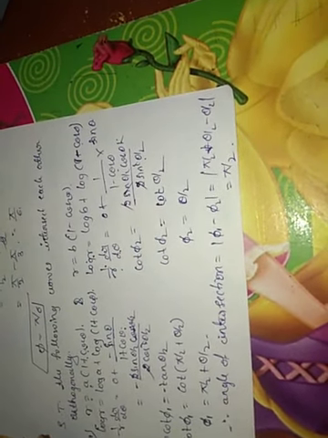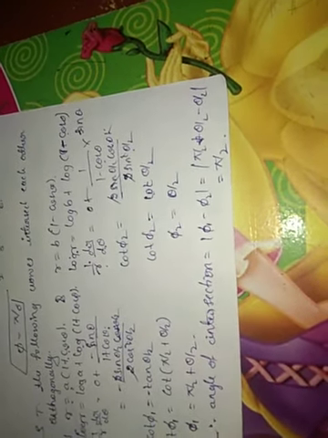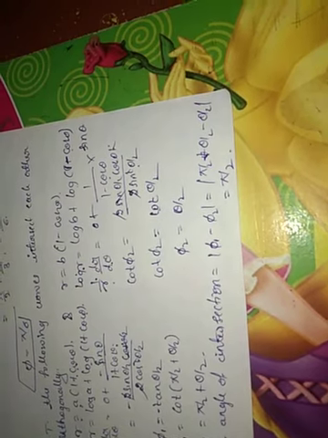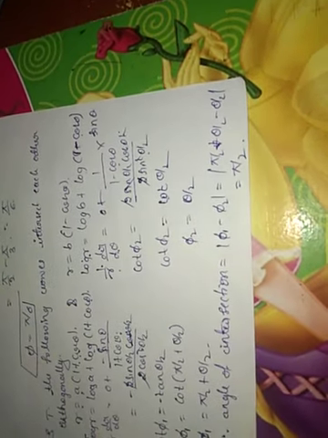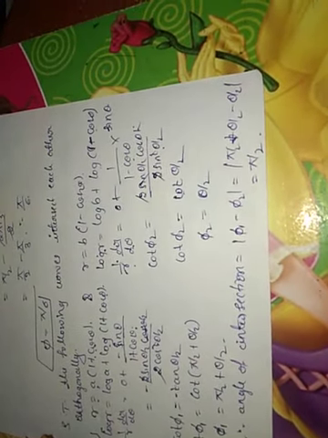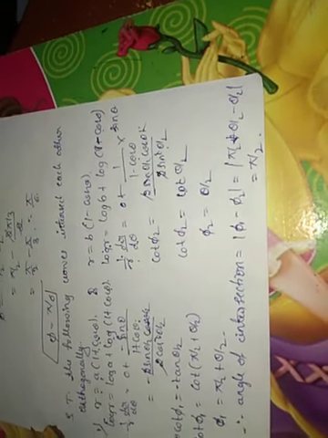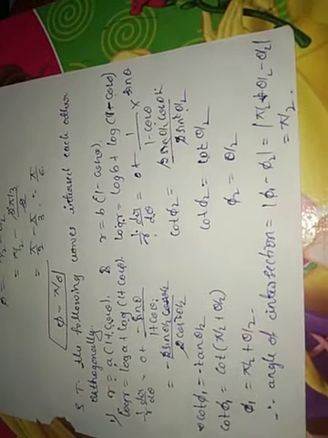After finding phi 1 and phi 2, we find the angle of intersection by taking the modulus of phi 1 minus phi 2. We get the angle pi by 2 here. If the angle of intersection is 90, that indicates the two curves intersect each other orthogonally.